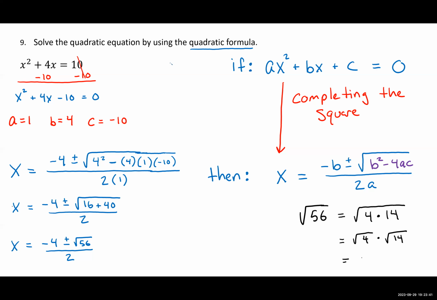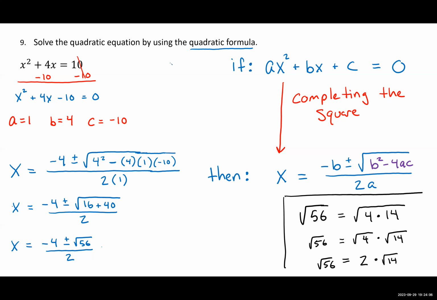And the square root of 4 is 2. So the square root of 56 is 2 times the square root of 14.